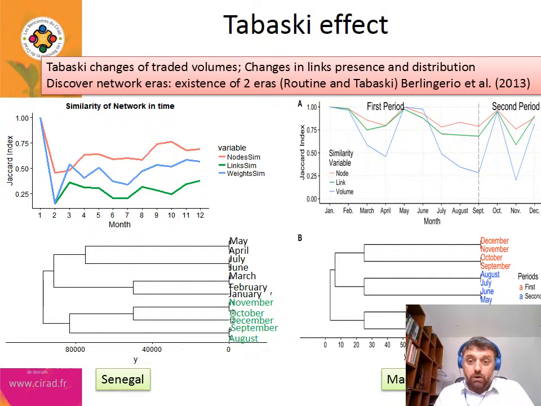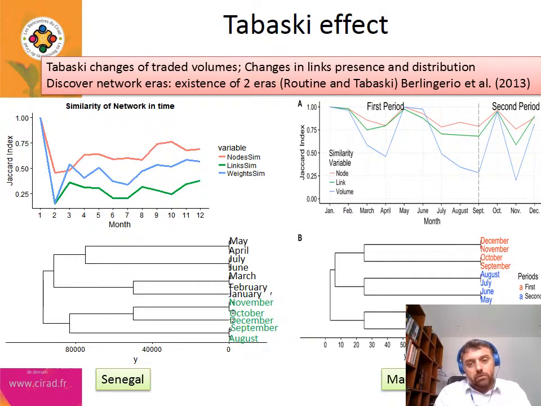So we use some algorithm to detect when the dynamics of the network is changing, and to check that what we see is not just random noise. And we see exactly this partition of the year in two parts. The first part going from January till July, August, and the second part including the last 4 months.